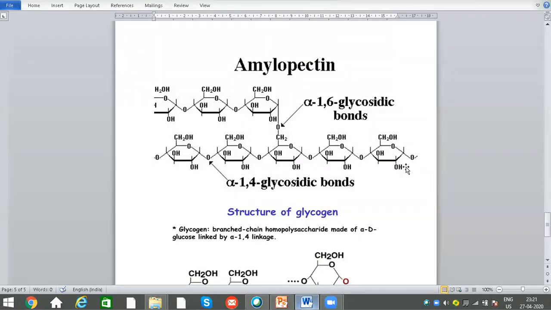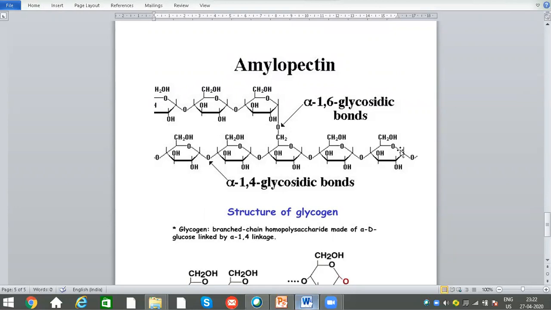So this is amylose, which has many glucose monomers held together by a glycosidic bond called the alpha 1,4 glycosidic bond. Why? Because the fourth carbon of one glucose molecule is attached to the first carbon of another glucose molecule. So this is the alpha 1,4 glycosidic bond.